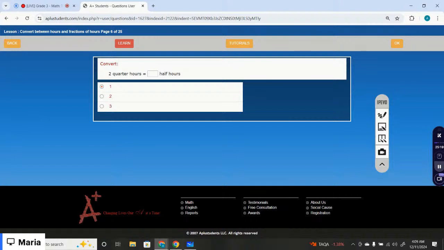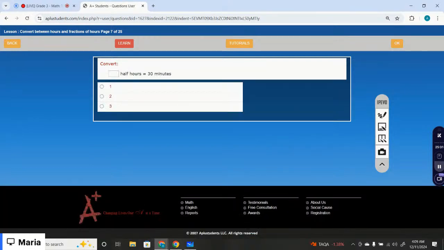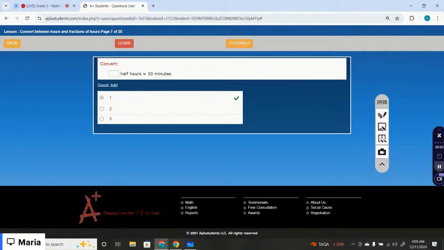The correct option is option number 1, that is 1 half hour. 30 minutes equal how many half hours? 30 minutes equal 1 half hour. The correct option is 1.